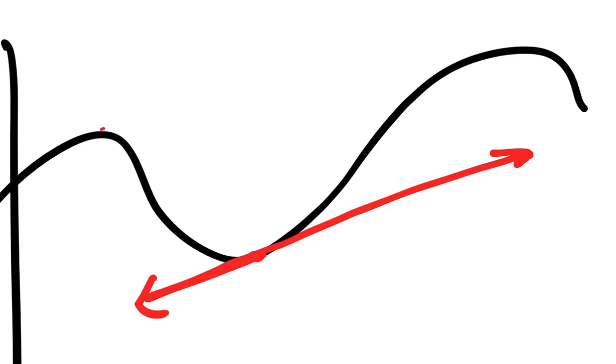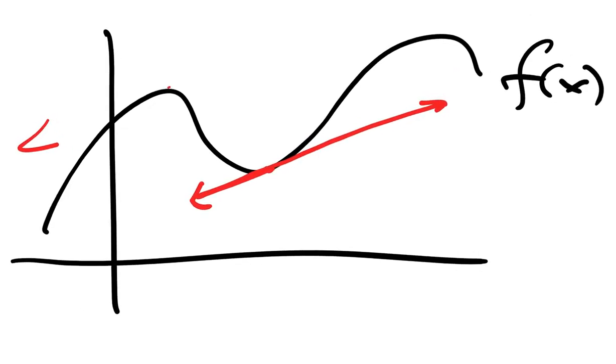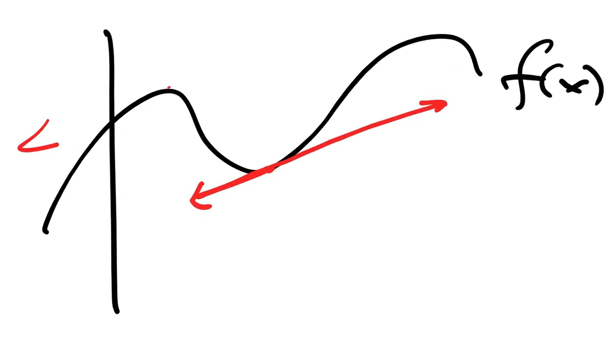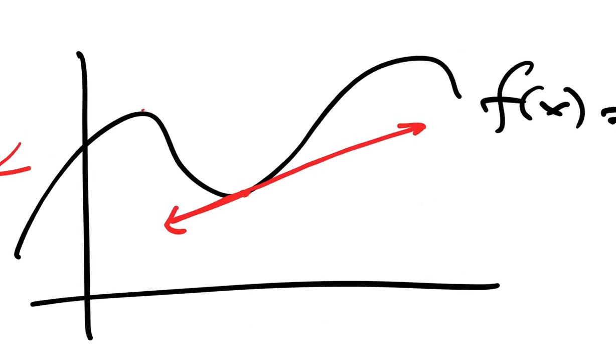And now if I go over a small amount dx from that, suppose this is a, and let's go over another amount, which we're going to call delta x, that's that h. So we go up to the curve.